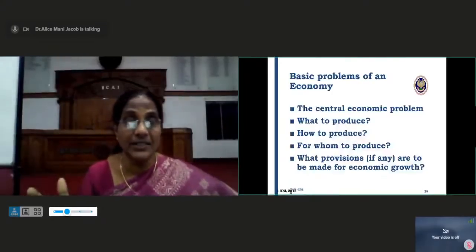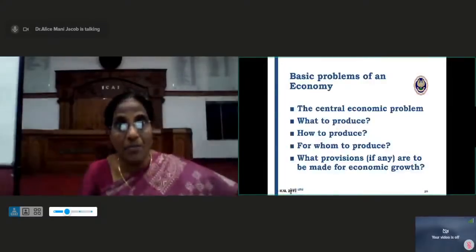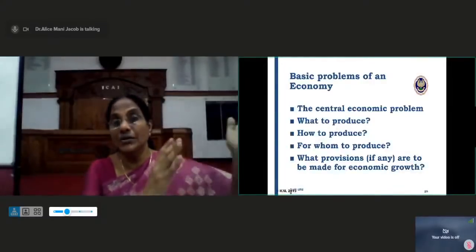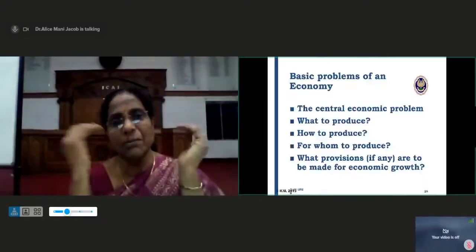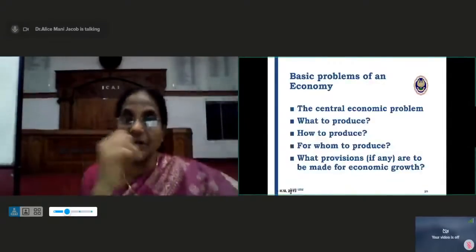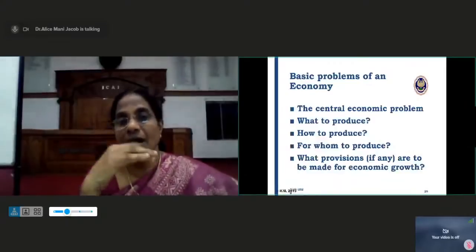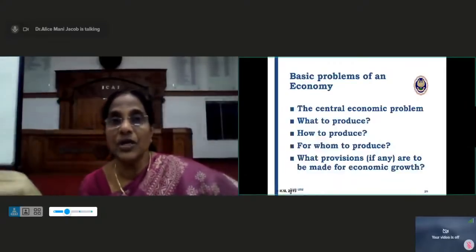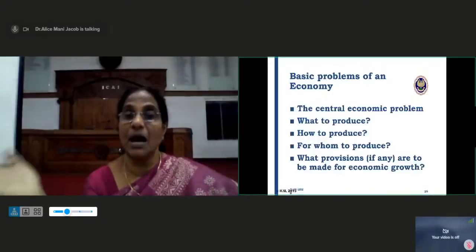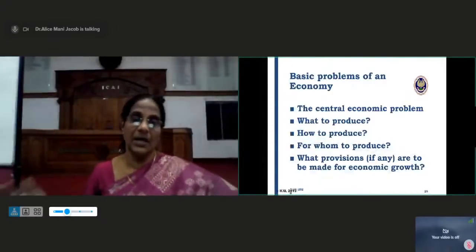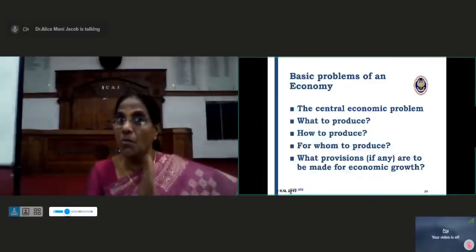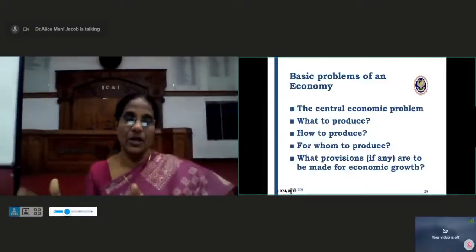What is labor intensive? Using more labor. For example, handloom. Many works can be done with laborers. And are you going for a capital intensive method? Capital intensive means using less labor, more capital. Labor intensive is using more labor, less capital.